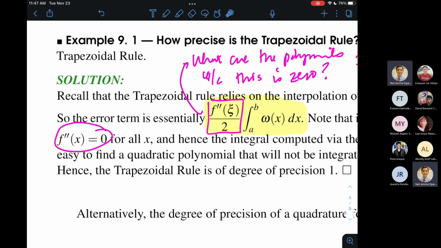But thanks to the fact that, if you remember, na-discuss yata natin sa Legendre polynomials na basis ng set of all polynomials of degree less than or equal to n, yung 1, x, x squared, x cubed, until x to the n. Tapos, ang kagandahan kung nag-math 120 na kayo or math 105, kapag meron kang basis, yung action ng isang linear operator dun sa basis elements will determine how the linear operator acts on all elements of the vector space.